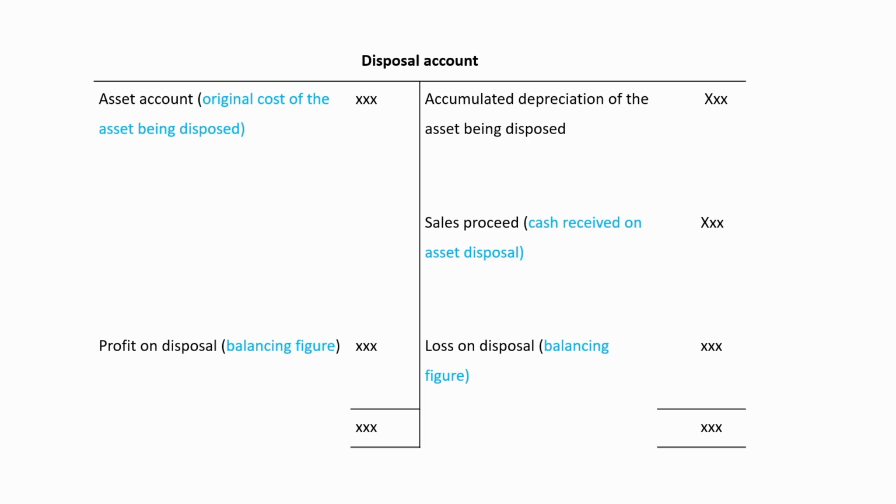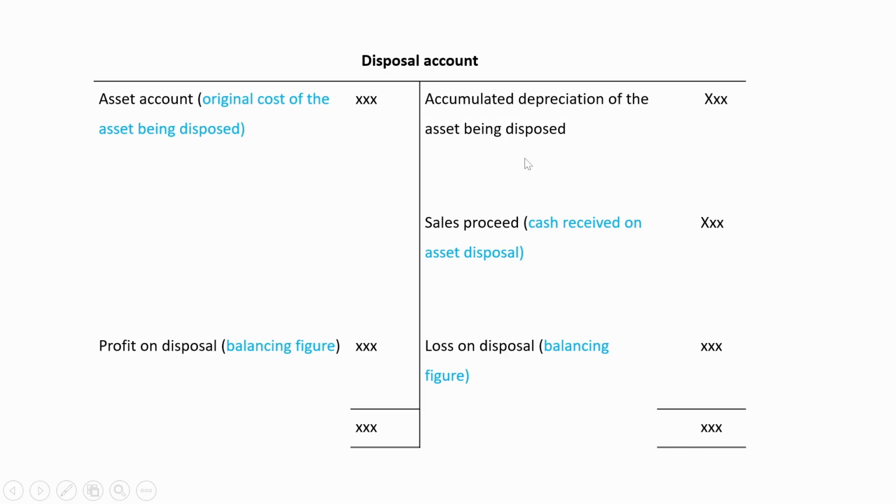When an asset is disposed, we debit disposal account, we credit the assets account. That is why on the debit side of the disposal account, we have written here asset account, because the other entry will be taken to the asset account. So the amount is the original cost of the asset being disposed.